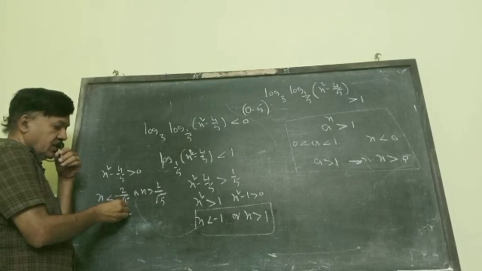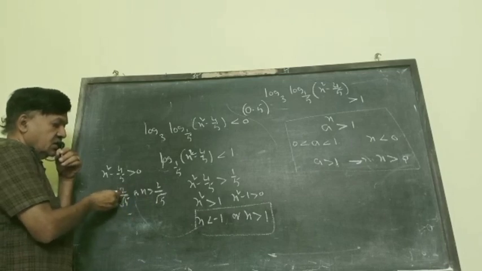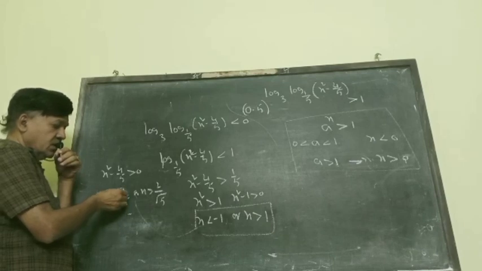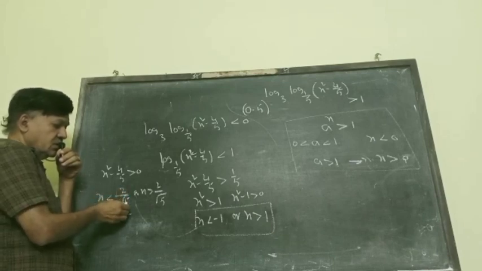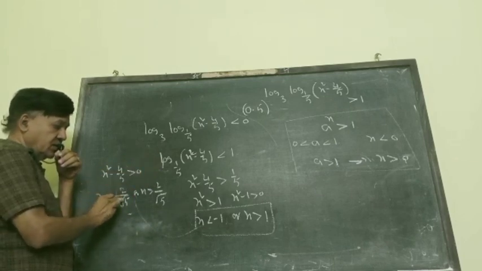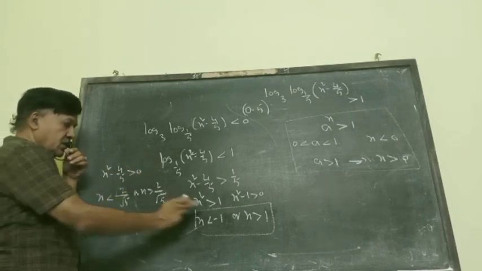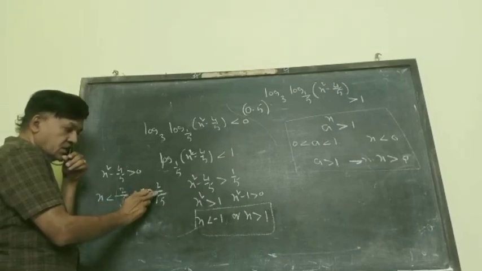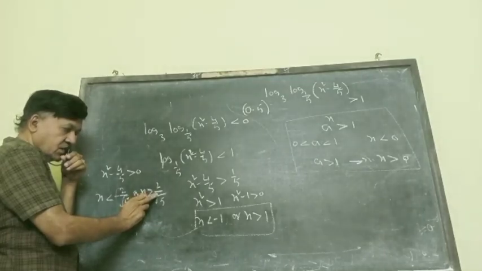Minus 2 by root 5: is it less than minus 1 or greater than minus 1? See, root 5 is 2 point something, so this is a fraction. So therefore this is definitely greater than minus 1. And this is less than 1.